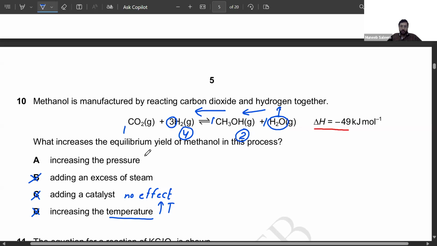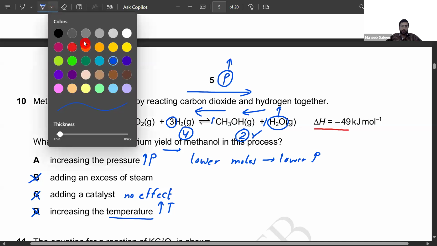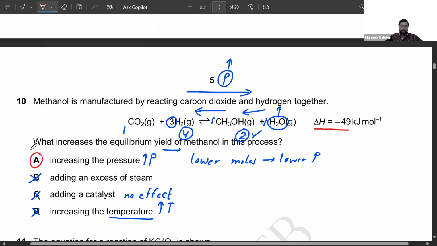So increasing the pressure means the equilibrium should move towards the side which has lower moles, and lower moles means lower pressure. That's why increasing the pressure should move the equilibrium towards the right side, because the right side has lower moles. So that's why A is the correct option.